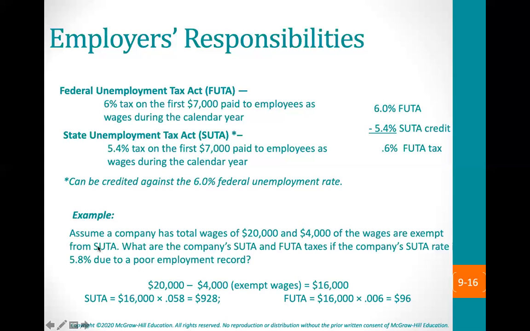Notice in this example, the SUTA rate was 5.8%. We cannot take a credit of more than 5.4%. So we're going to pay 5.8% on $16,000 for state unemployment and 0.6% on FUTA for federal unemployment. We're going to pay $96. And that is the end of Chapter 9.